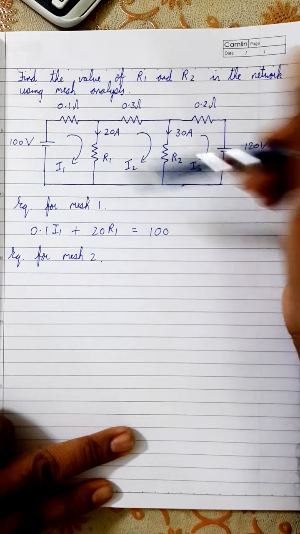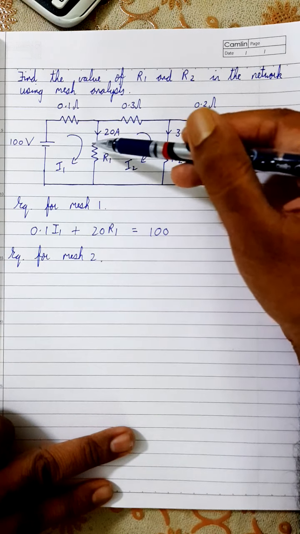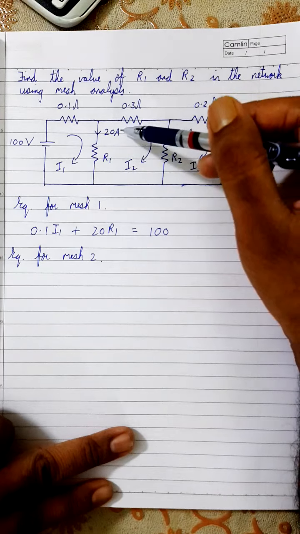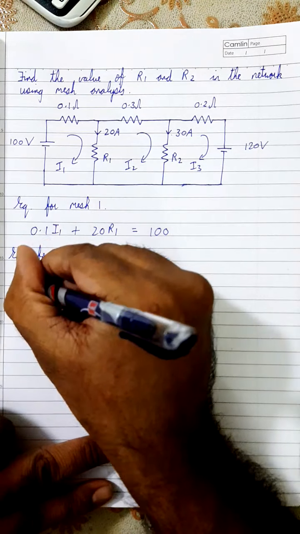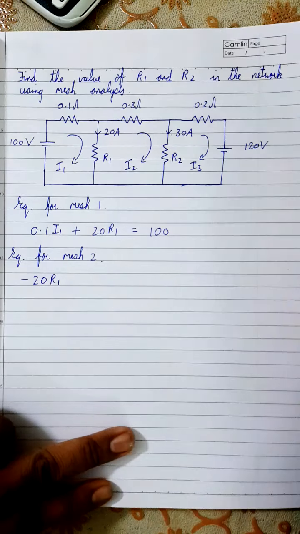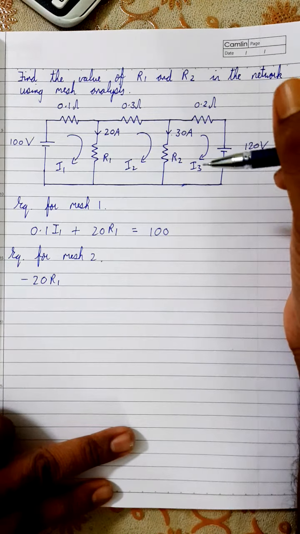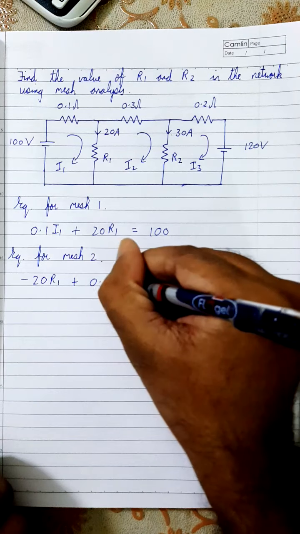I2 is going up, which means this potential difference over here is opposite to that of the potential difference incurred by I2, which means this is minus 20 R1. Minus 20 R1 is the voltage across this resistor, plus the voltage across this is 0.3 I2.